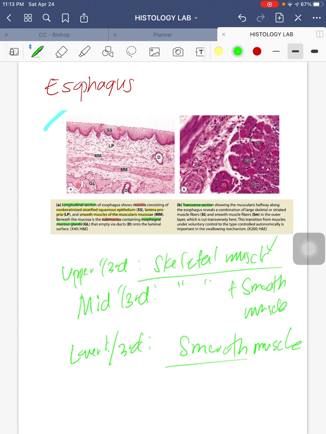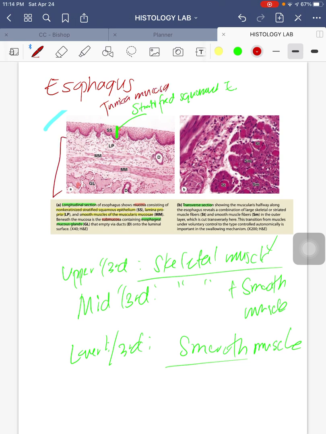Also, if we take into consideration each layer, we'll start with the tunica mucosa. The tunica mucosa contains the lining epithelium. This one that I doodled in green, the lining epithelium for your esophagus, is stratified squamous epithelium. The submucosa will have your esophageal glands.